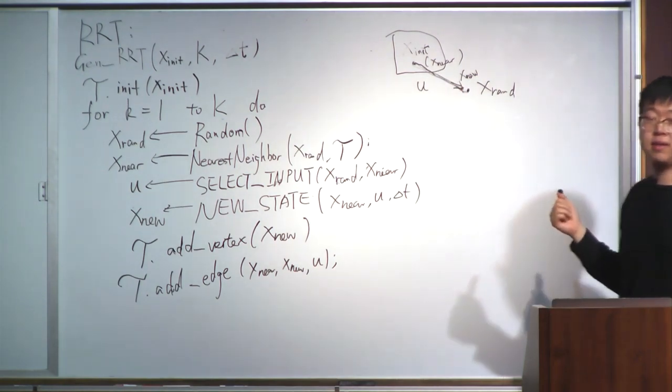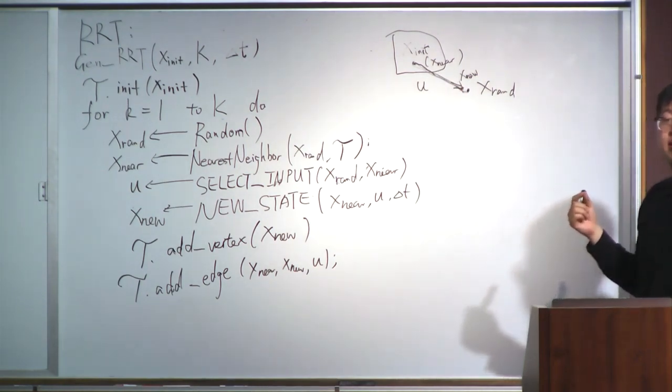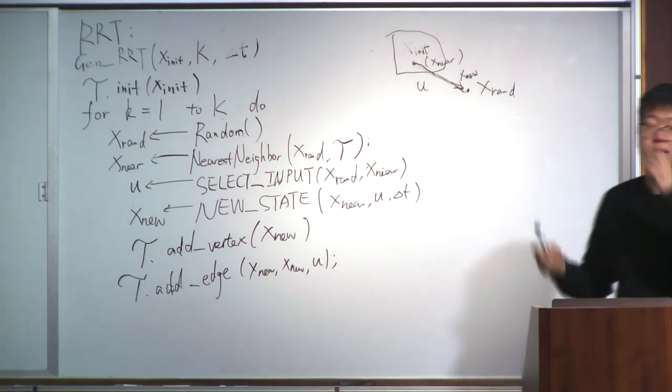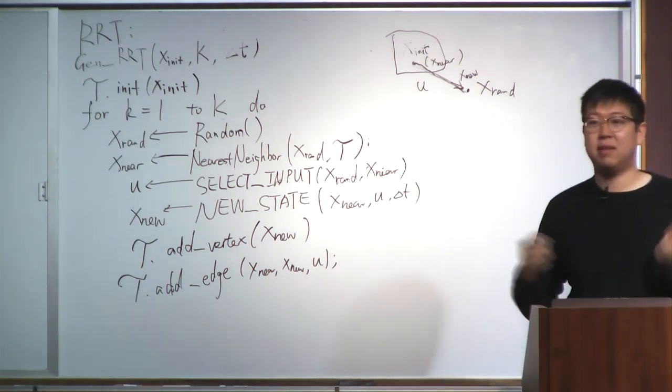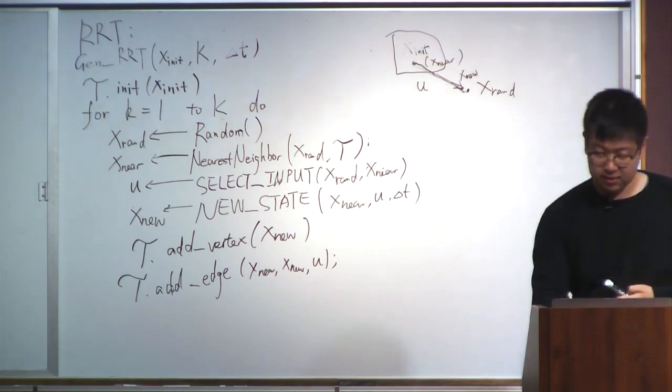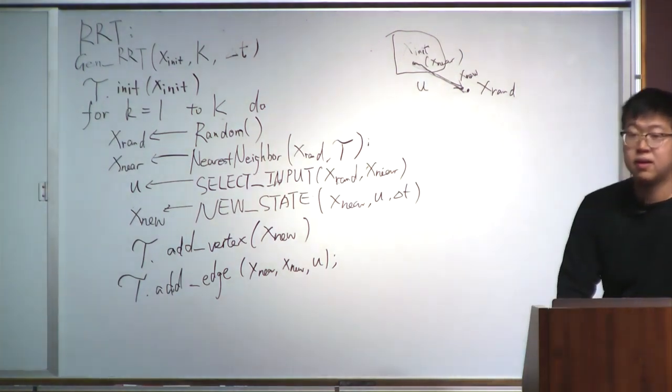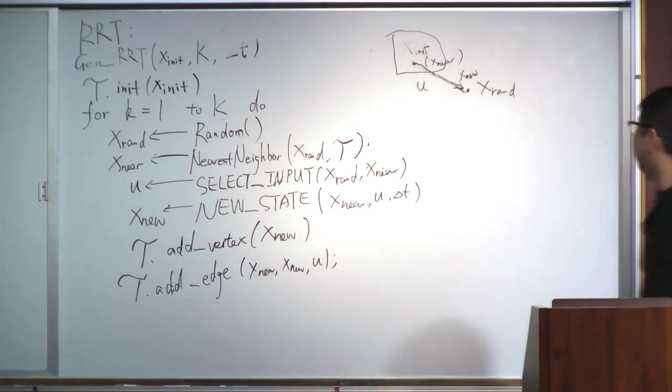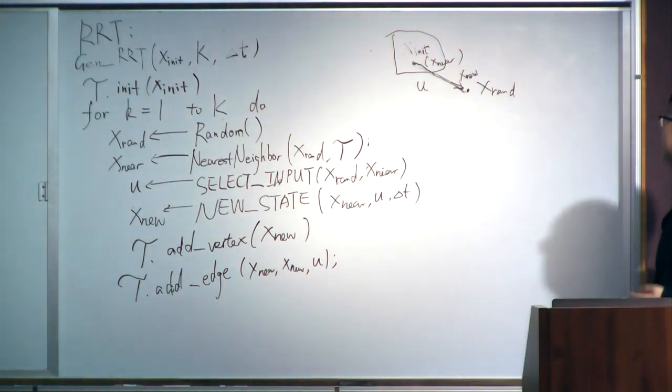Okay, so there's no guarantee that x rand is within your reachable set. Right, because it's just a sample. Then how do you find that u? You can always solve this with an inverse dynamics model, and if it's not reachable, with some approximation, I would say.